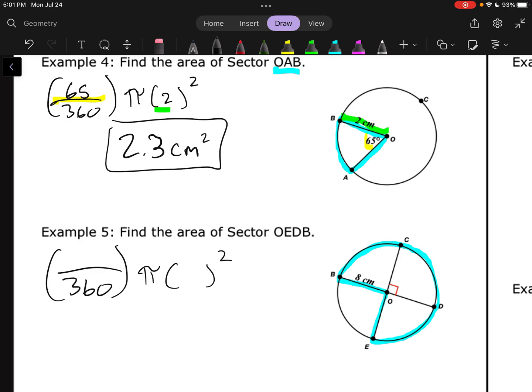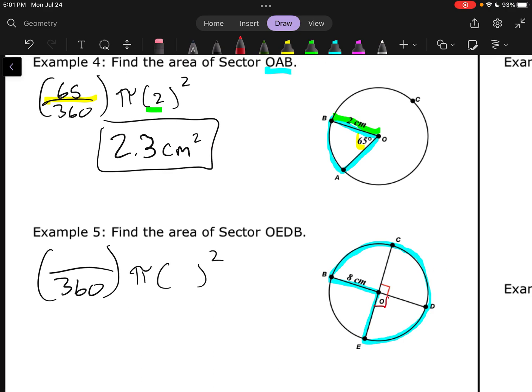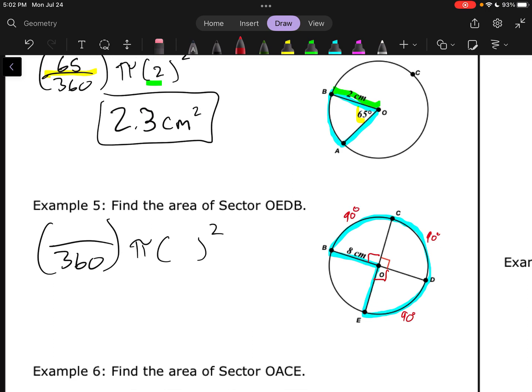How many degrees is that? Well, if we got that right angle in there, doesn't that mean that all of these are right angles, right? That's got to be a right angle. That's got to be a right angle. So that's 90 degrees. That's 90 degrees. That's 90 degrees. So that means 90 plus 90 plus 90 is 270. We got 270 degrees.